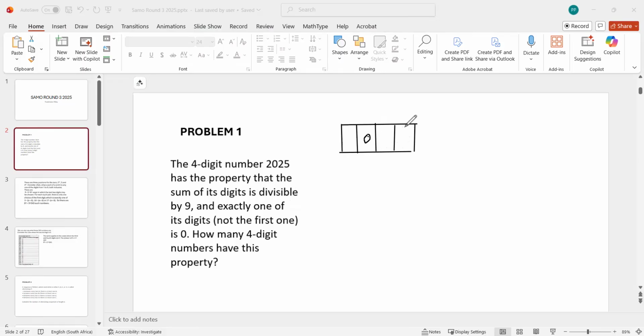Now, for it to be divisible by 9, the sum of these 3 digits must be a multiple of 9. Just observe that no matter which 2 numbers you put in here, for instance, suppose I put 5 and 6, then you have 11, and so you have to have the digits add up to 18. So the third number can be only 7.